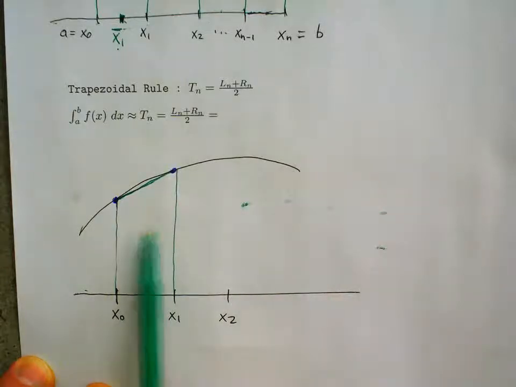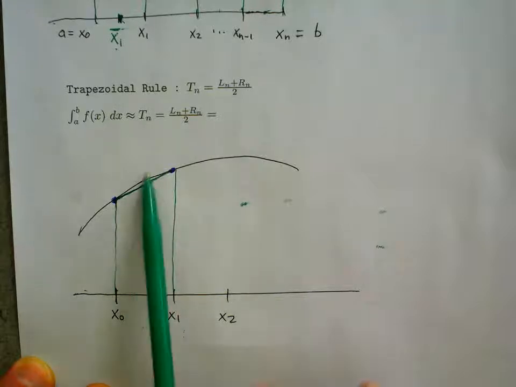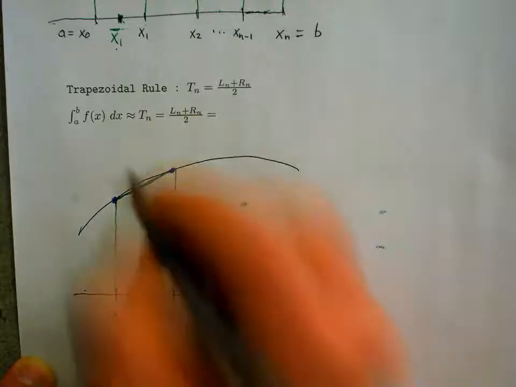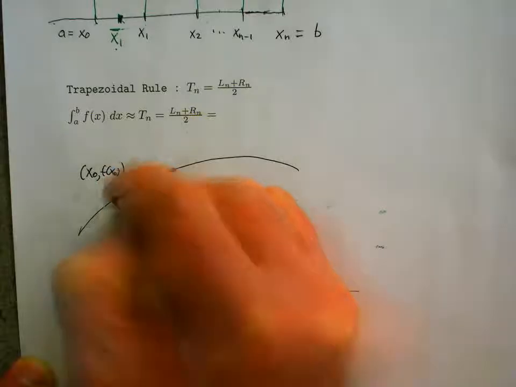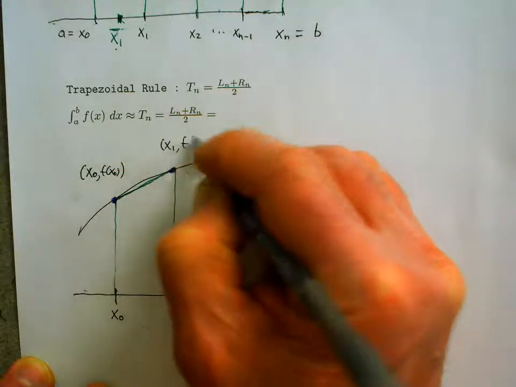So this is a trapezoid. You might remember a trapezoid has 4 sides. One pair of sides is parallel, and the other 2 opposite sides are not parallel. So this ordered pair is x sub 0, f of x sub 0. And this ordered pair is x sub 1, f of x sub 1.